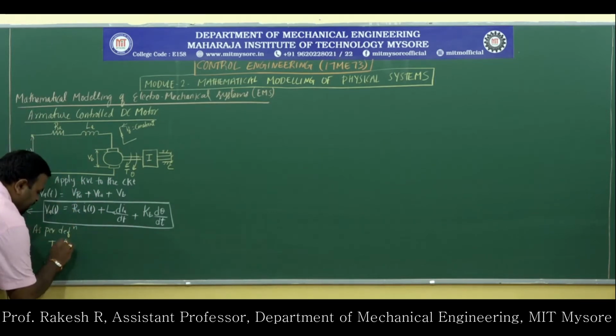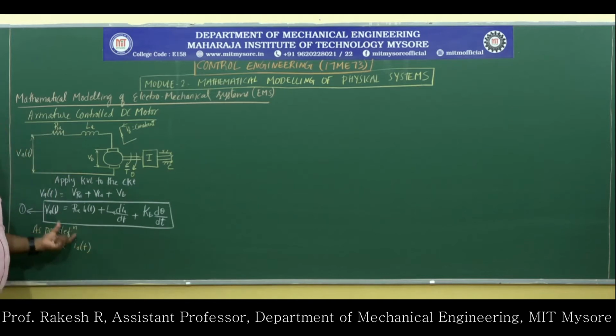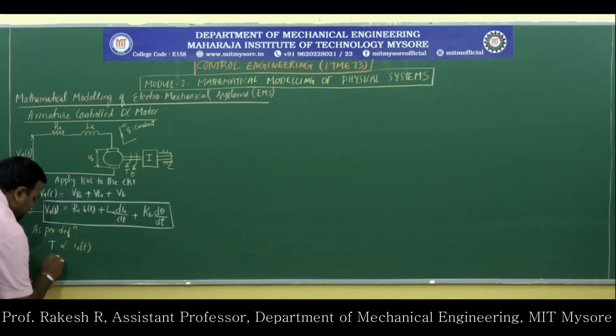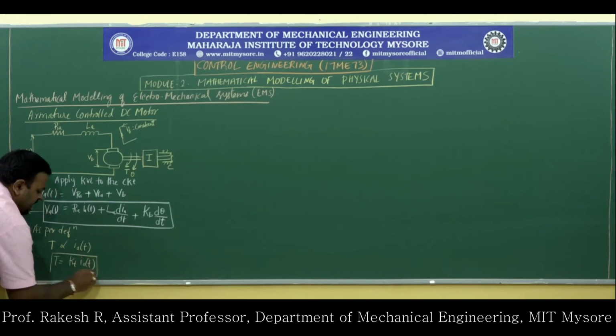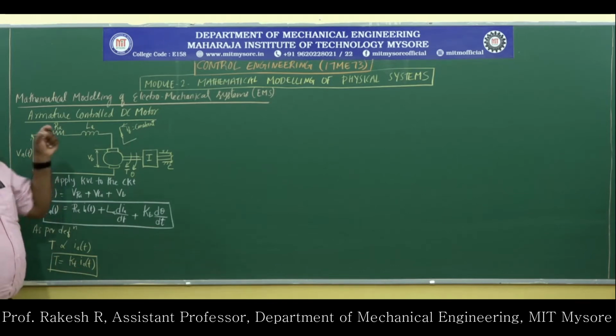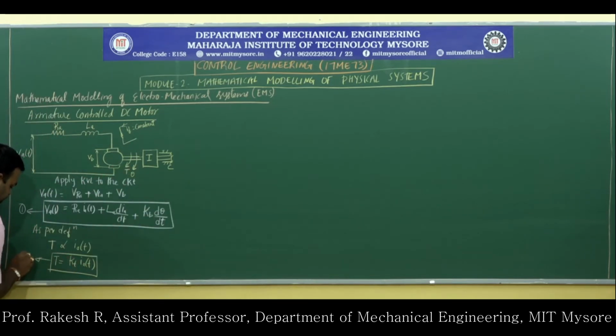Mathematically, the torque is directly proportional to the armature current. Taking the proportionality constant, torque equals KT into IA of T. This is the equation of torque based on the armature supply voltage, and I will call it A.